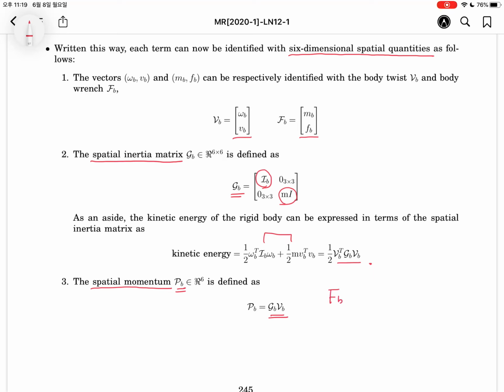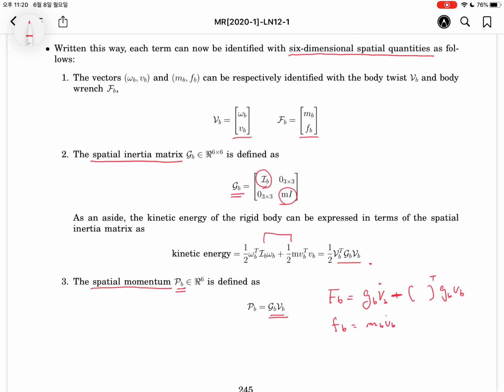Okay, in the previous slide, the body Lenschi can be written G_B, the time derivative of twist, plus some matrix, maybe this is a minus, the transpose will be applied, and then G_B, V_B, the spatial momentum. Okay, it is very similar with the linear dynamics.